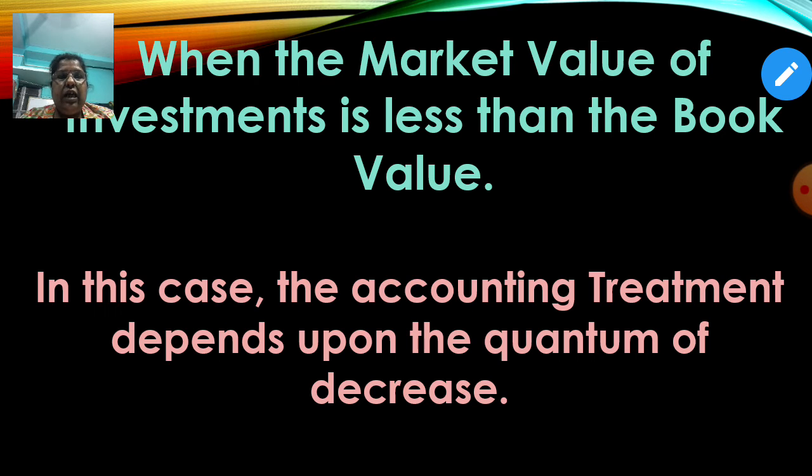That means you are incurring a loss. There is fall in the value of investment. Now the accounting treatment for this will depend upon the amount of decrease in the value of investment in the market. Now let us see the cases one by one.